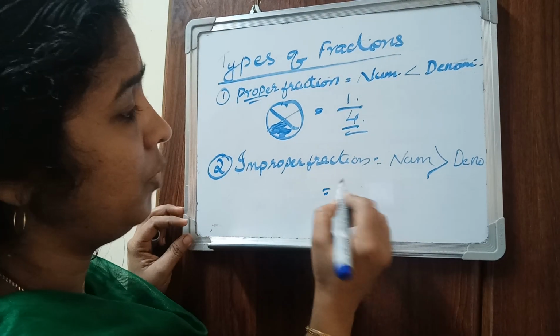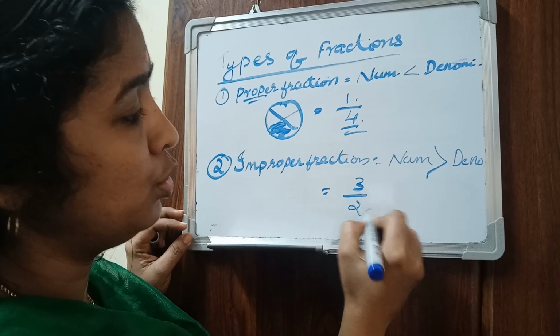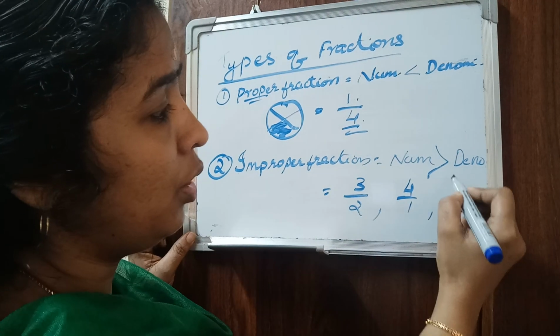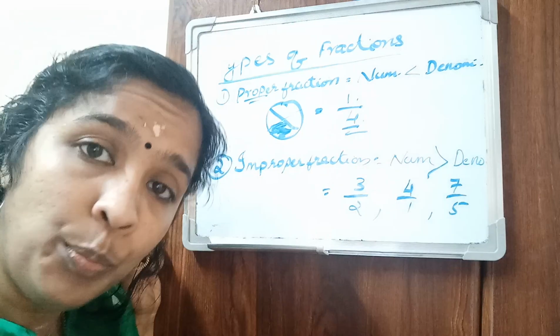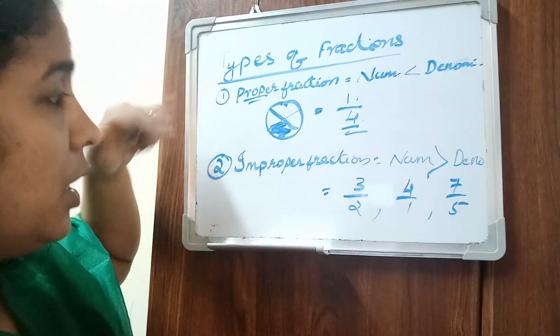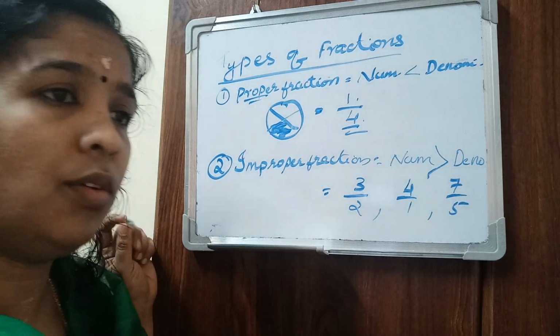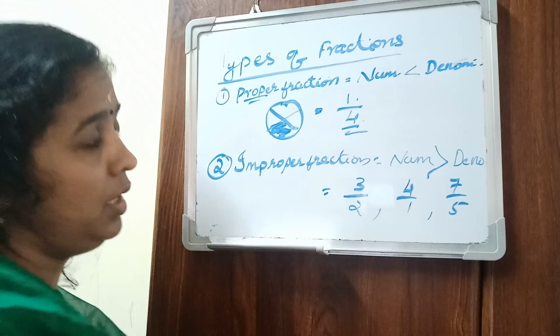That means when the numerator is greater, for example 3 by 2 or 4 by 1 or 7 by 5. All these are examples of improper fractions. That means the reverse of the proper fraction. Proper fractions are our normal fractions, as the name suggests.